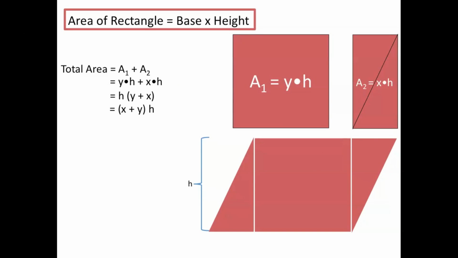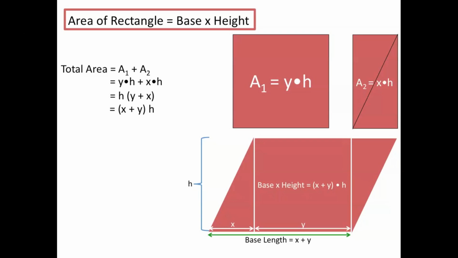Now let's bring back our previous parallelogram. If you remember, this is what our parallelogram looked like at height h, and we said that this length was x and this length was y, which means that the total length of the base of the parallelogram is going to be x plus y. So let's see what happens if we multiply the base times the height of the parallelogram.